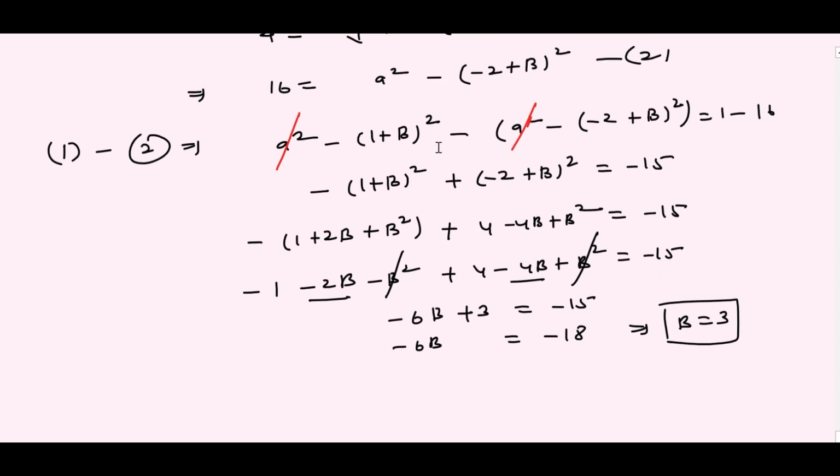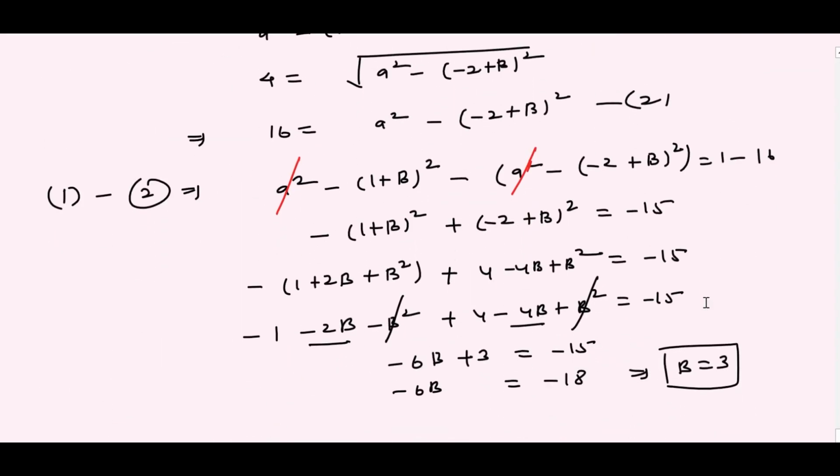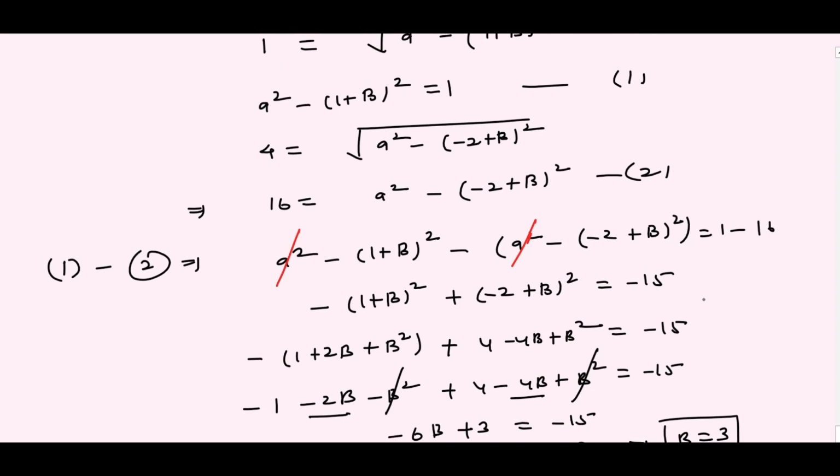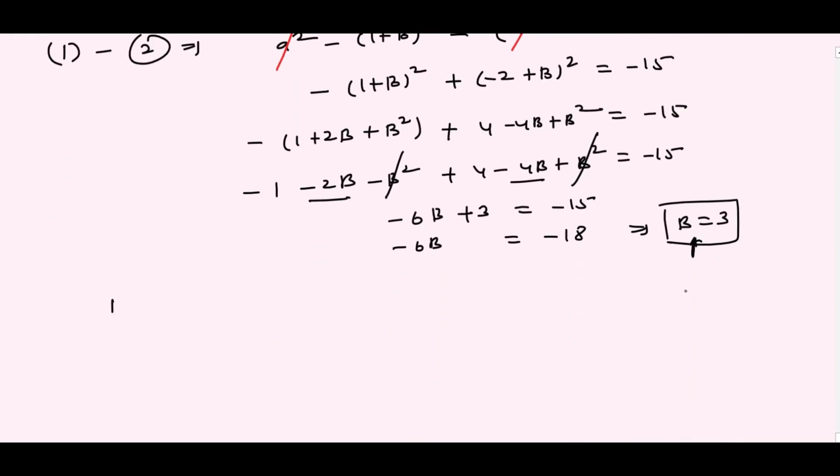So now put the value of b in first or second equation. I am going to put the value of b in the equation 1. So it will give, that is a square minus 1 plus b, that is 3 whole square is equal to 1.